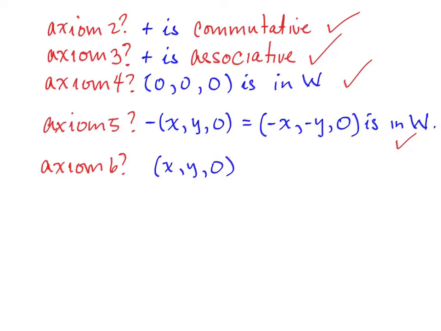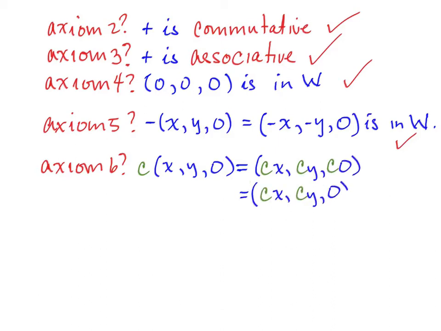So we take a vector in W and multiply it by a scalar. In R3, that just means you're multiplying each component by the scalar. And since the last component was 0, anything times 0 is just 0. So we do get something in W.